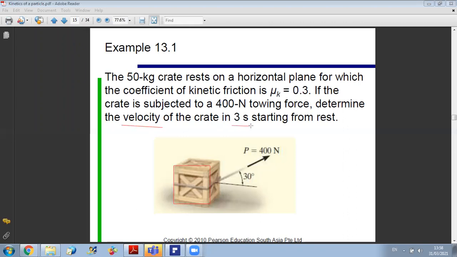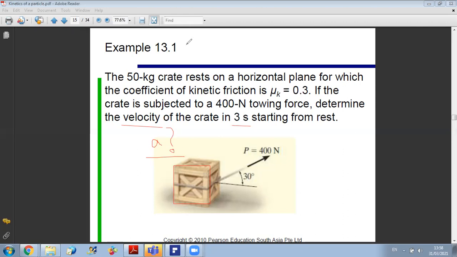Whenever you know the time needed and want the final velocity, think about finding the acceleration, because if I find the acceleration, I can deduce the value of velocity. To find the acceleration, I will relate the forces. So the first step is to draw the free body diagram of my box.